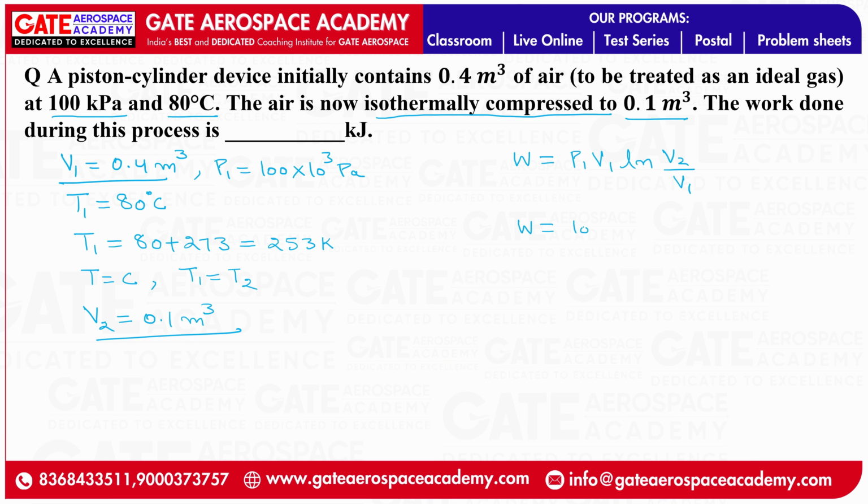Pressure P1 is 100 kilopascal, multiplied by V1 0.4, ln V2 by V1. V2 is 0.1, V1 is 0.4. We can calculate this.